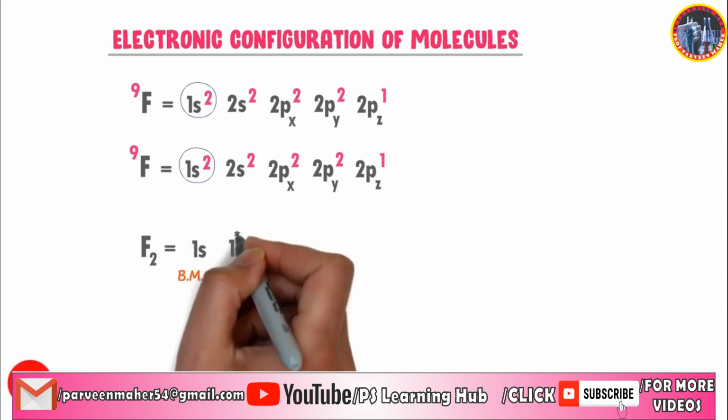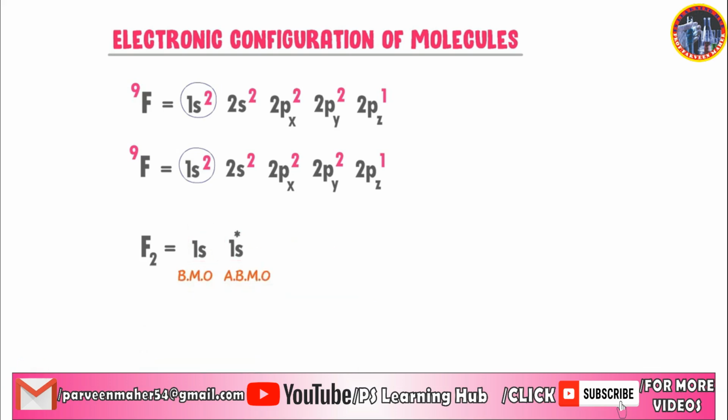Also, we put a star on the anti-bonding molecular orbital. So two atomic orbitals of fluorine overlap to form two molecular orbitals. 2 electrons are accommodated in the bonding molecular orbital 1s and 2 electrons are accommodated in the anti-bonding molecular orbital star 1s.